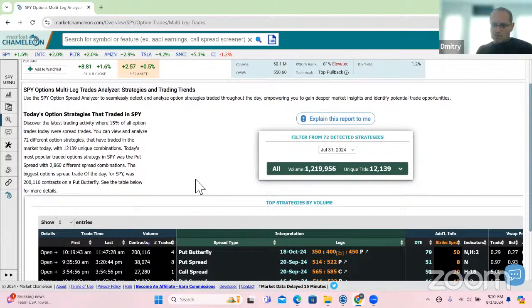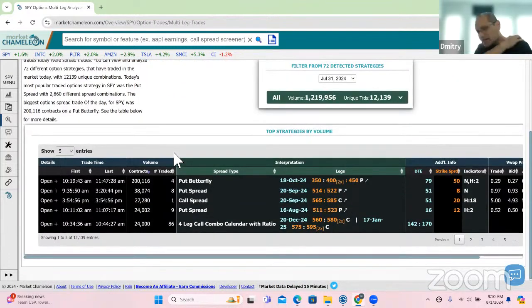Now you could do that manually. You could go through there and try to make all those interpretations yourself and organize it. Of course, that itself is a very complex and difficult process to do manually, especially if you have millions of trades to look through a day.